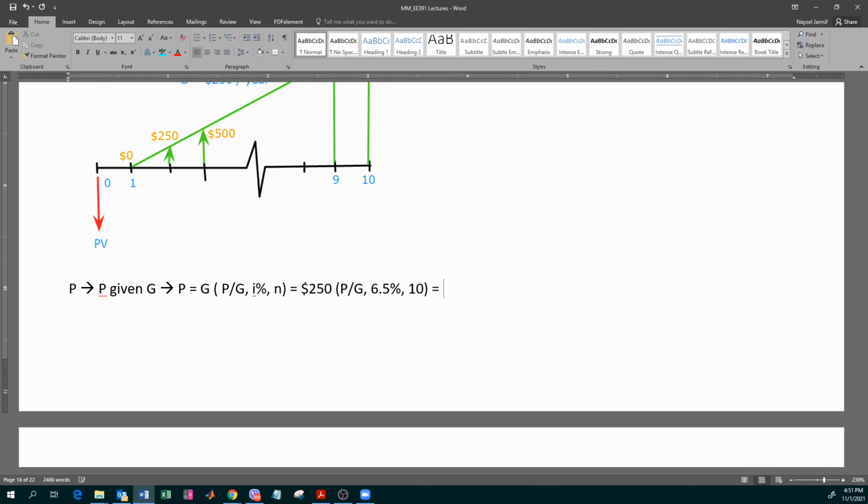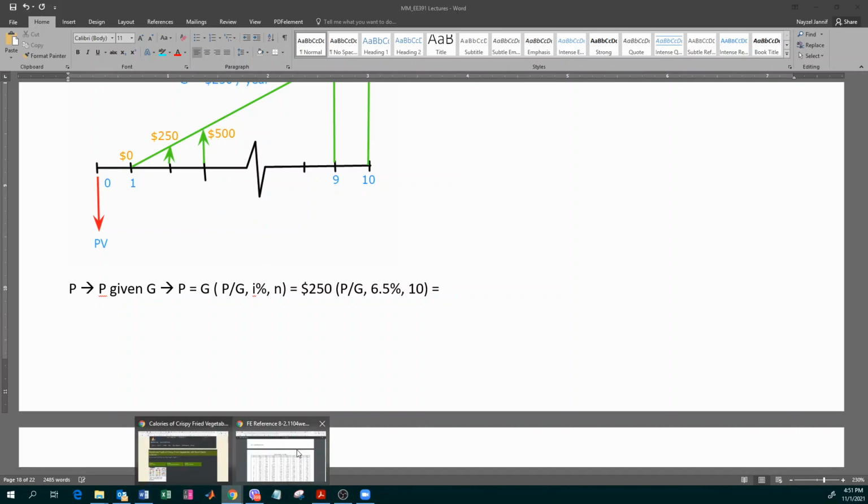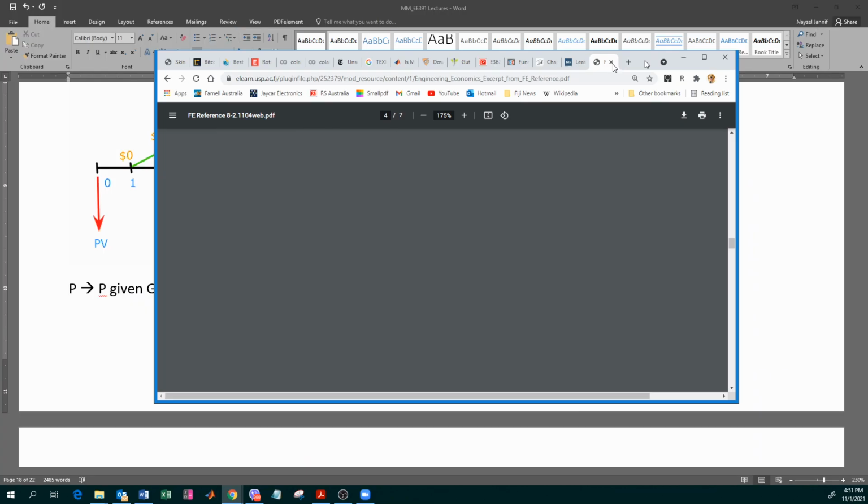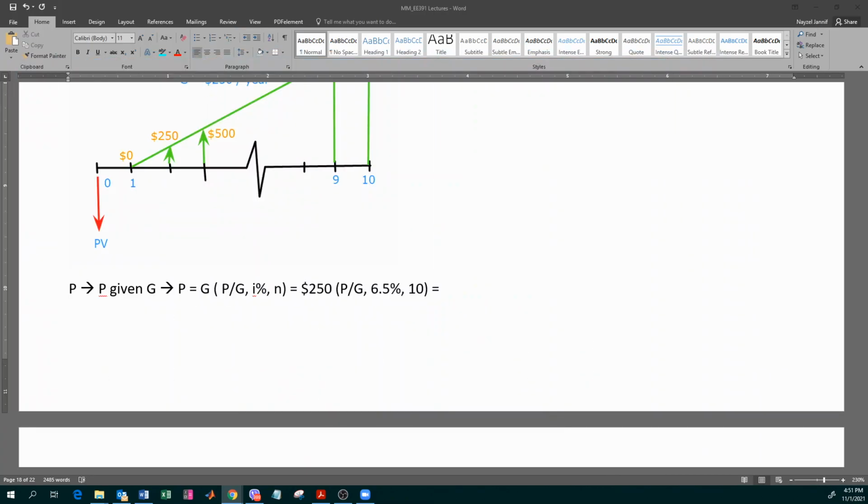What do we get, guys? I'll give you some time. Let's quickly calculate what our P is over here. What formula do we have to refer to? We have to refer to the P given G formula.